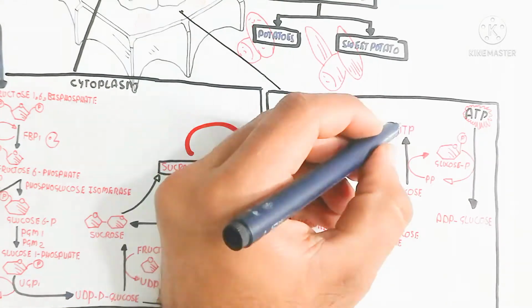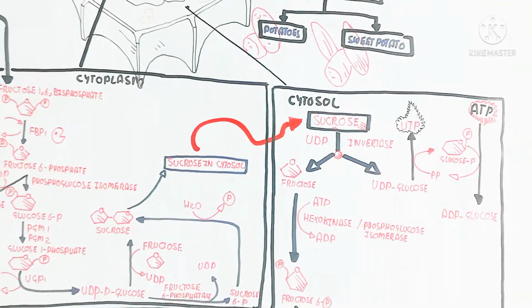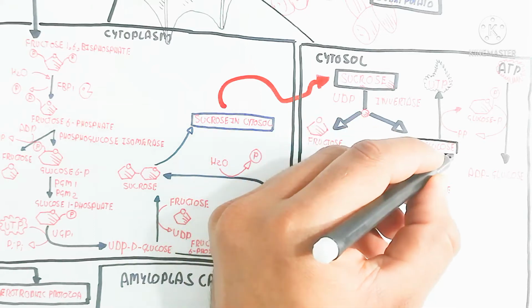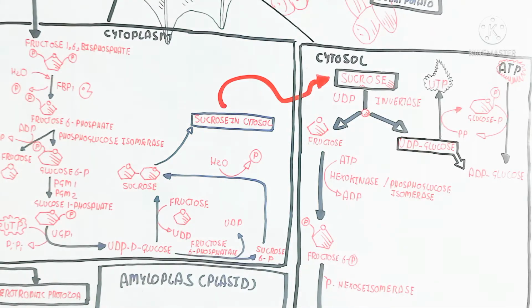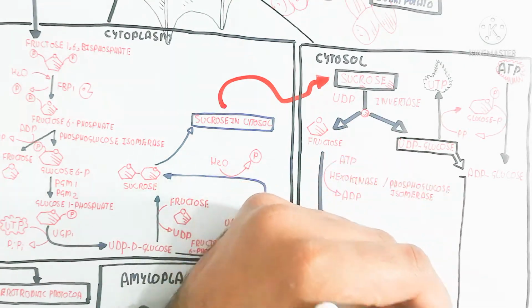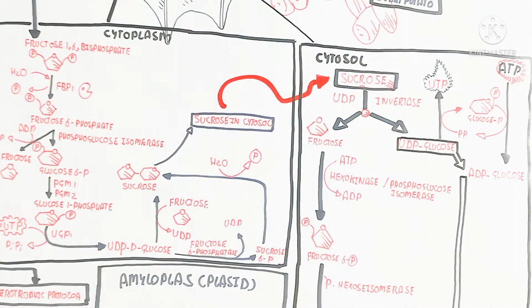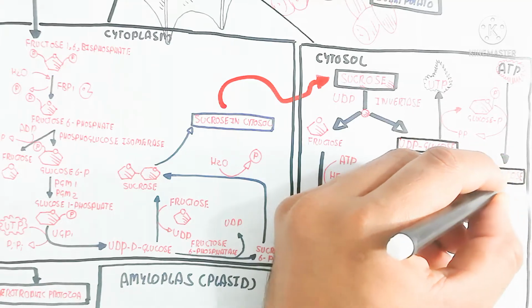So two types of molecule can be produced: UDP-glucose and ADP-glucose.